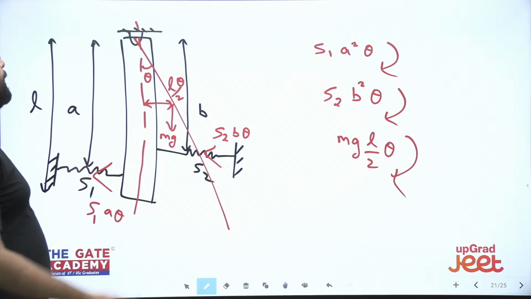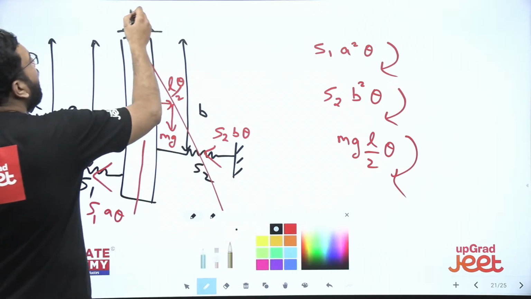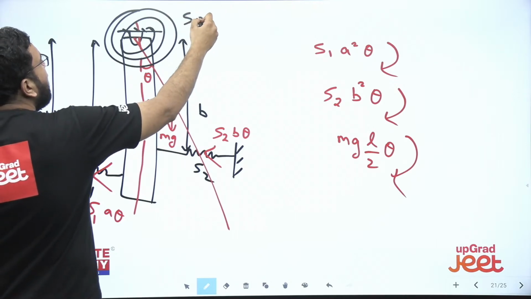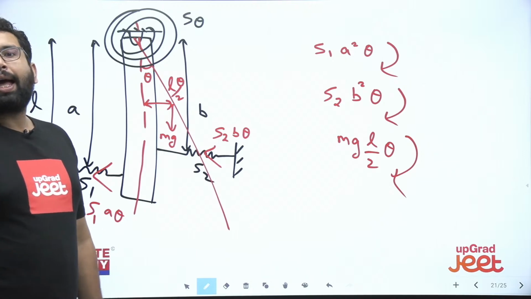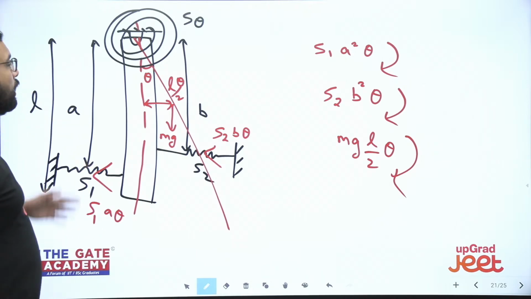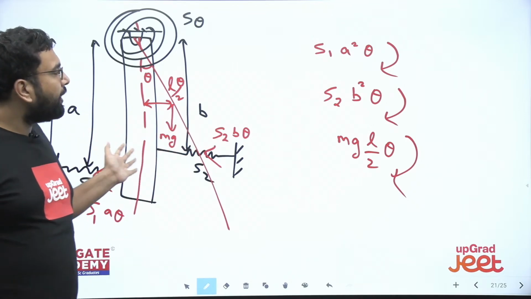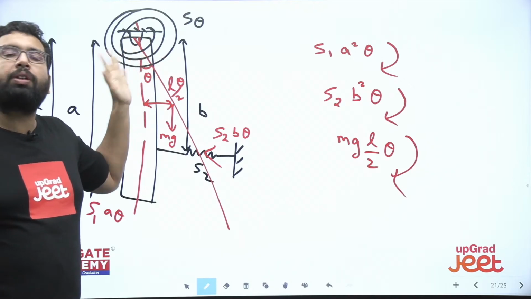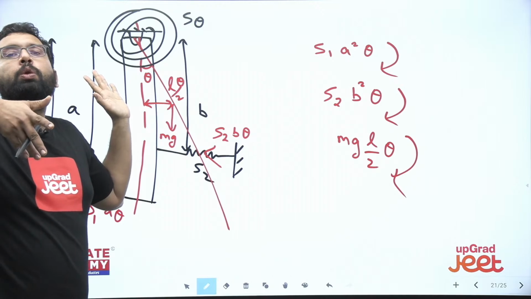No problem at all. Now, if we place a torsional spring here also, with a stiffness of S theta, since this rod is displaced in the anti-clockwise direction, this torsional spring will try to bring it to the original position.